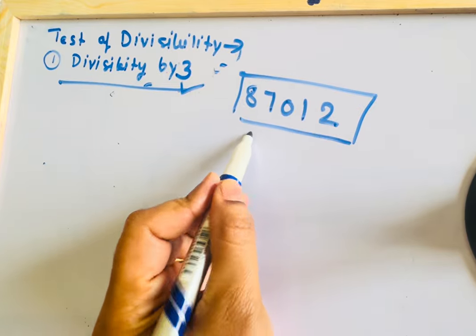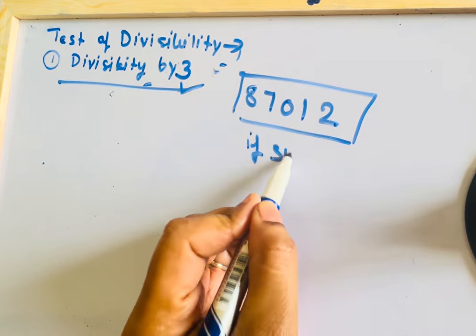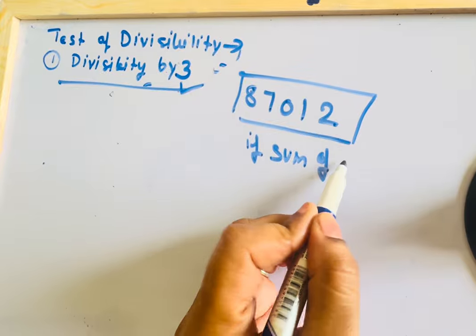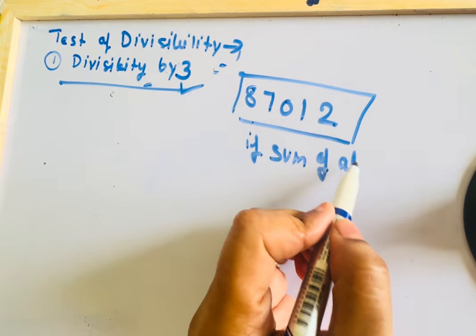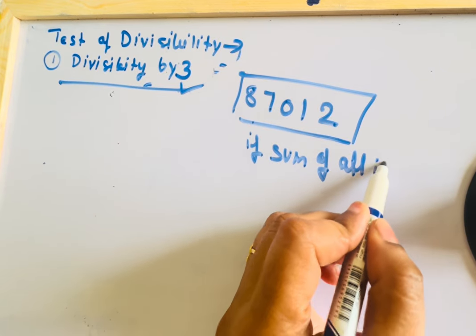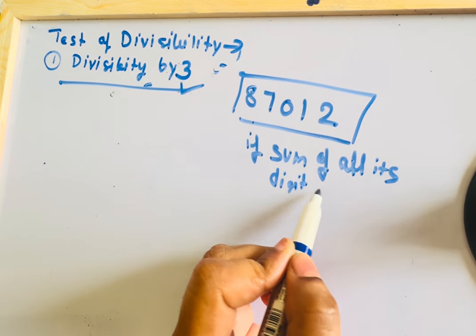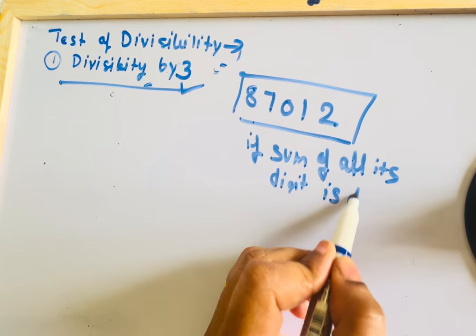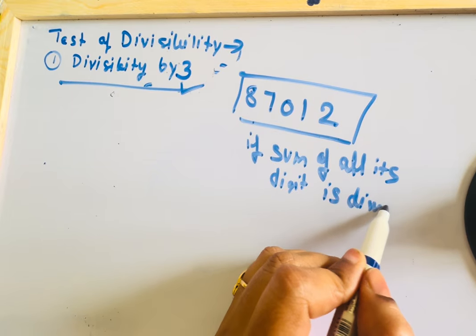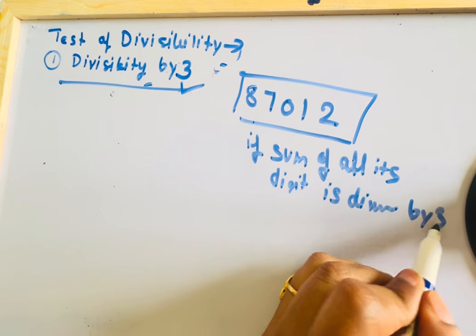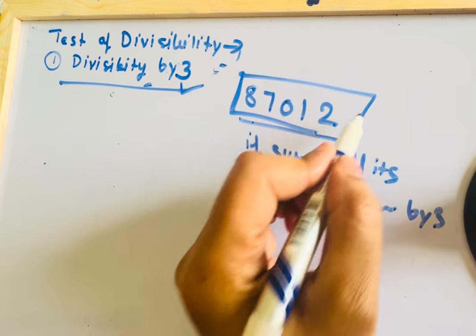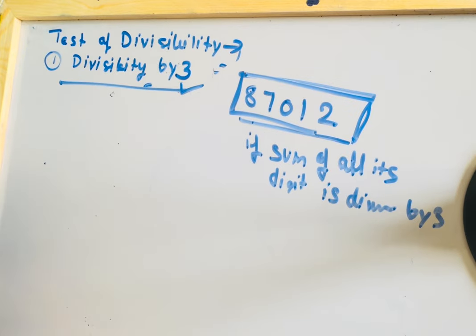If the sum of all its digits is divisible by 3, that number is divisible by 3.